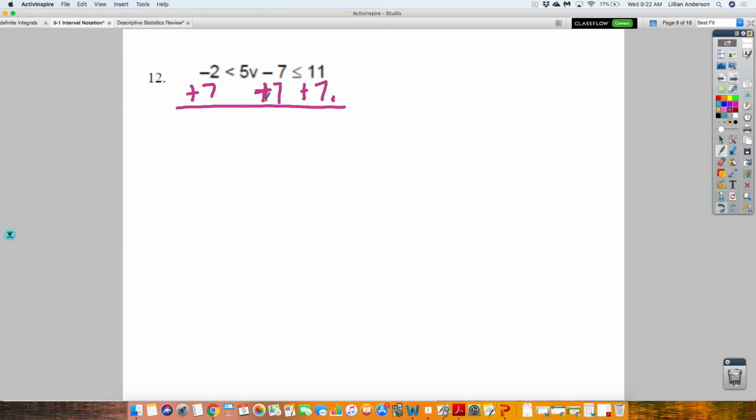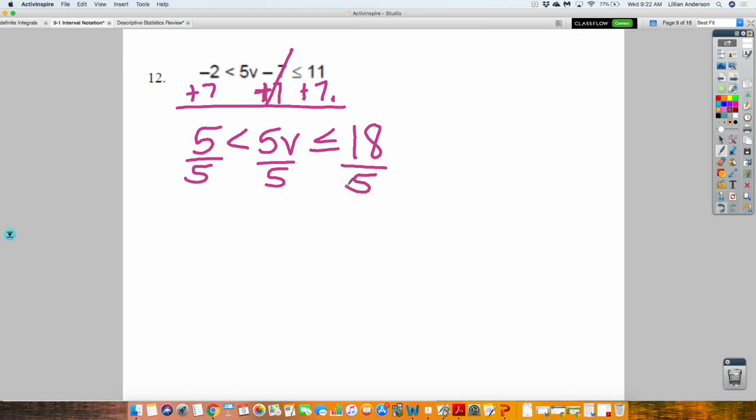Then this will be less than. These cancel out, so then I'll have 5b on the inside, less than or equal to, what's 11 plus 7? 18. Then divide by 5. I would divide by 5 for everything. What's 5 divided by 5? 1. Less than b, because I'm not dividing by a negative, so I didn't switch my signs.